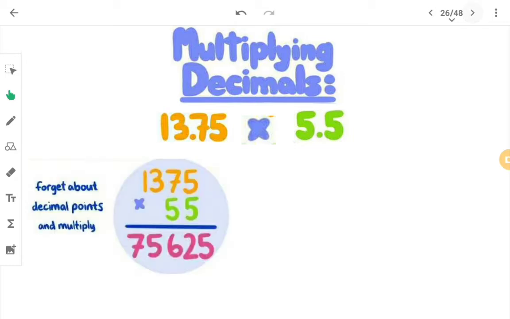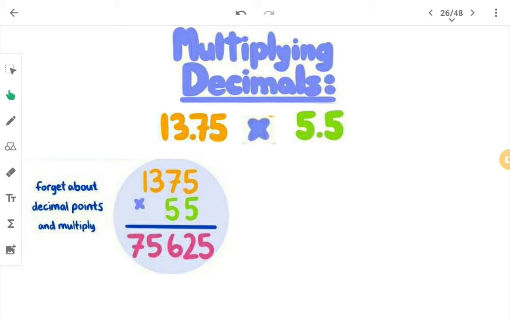Just forget about the decimal point and do the multiplication. That is 1375 into 55. If you multiply these two values, you will get 75,625. So without decimals, we have to do the multiplication.